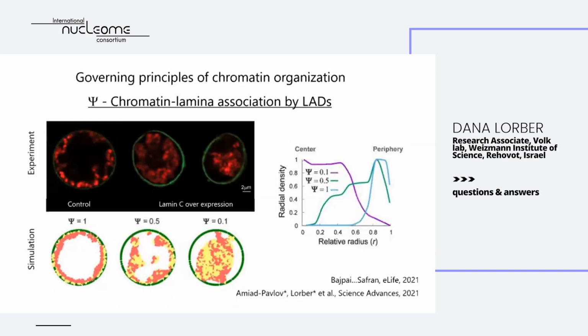We thought of a few explanations. We didn't try them. For example, there are several proteins in the lamina that bind to the chromatin. We know that overexpression causes the lamina to be thicker, so maybe now these attachment sites are covered or are less accessible.